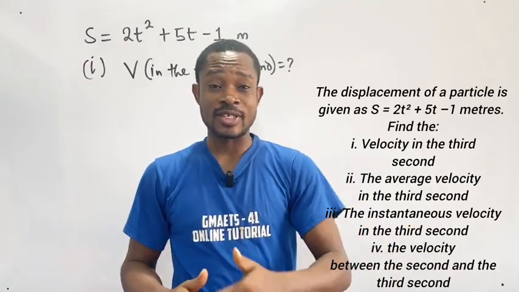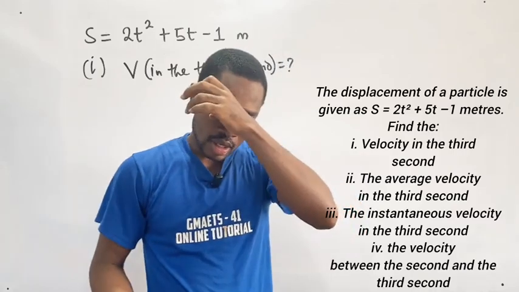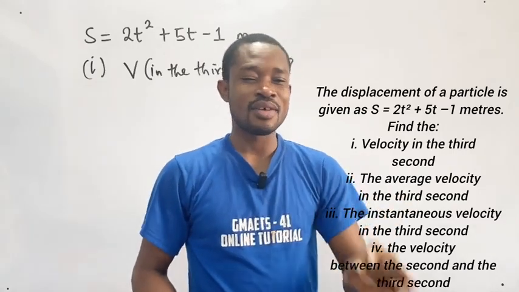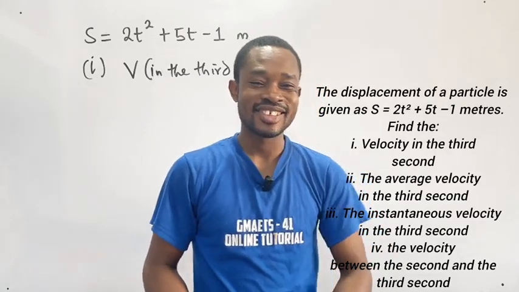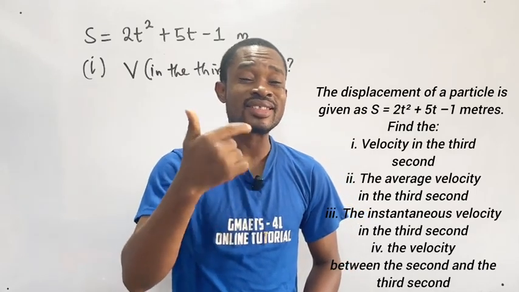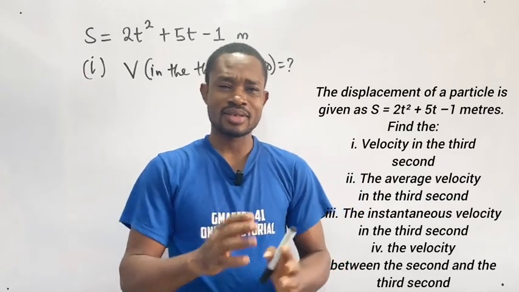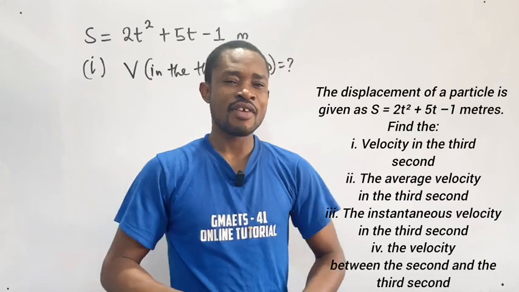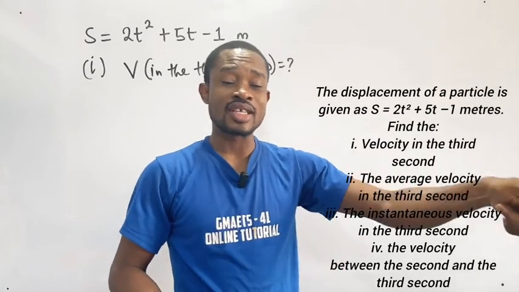It also applies to acceleration. If I come to you and I say velocity, am I talking about average velocity or instantaneous? I'll tell you, you're actually referring to instantaneous velocity. If I just mention velocity, please, it's not average velocity. It is instantaneous velocity.